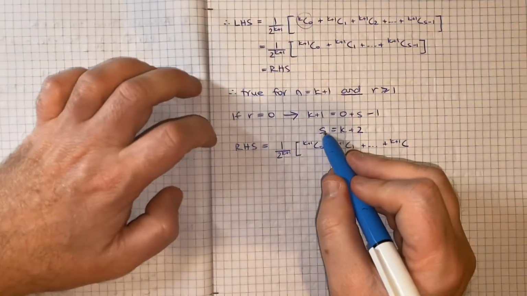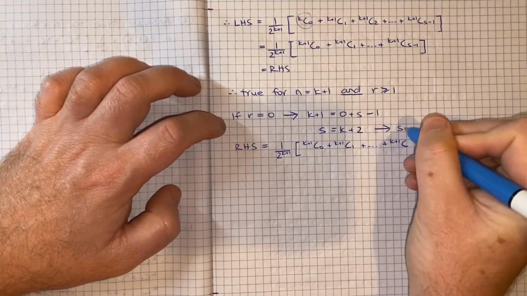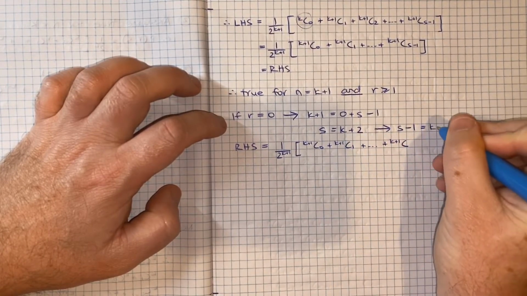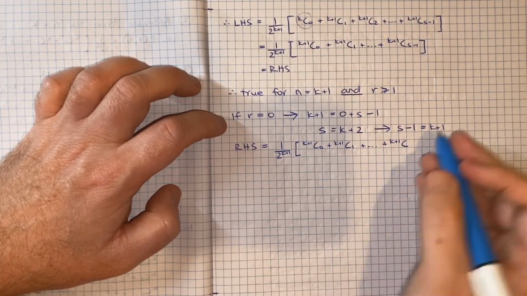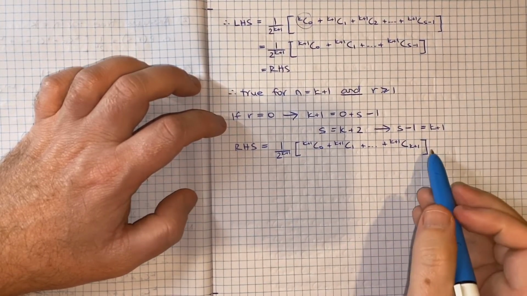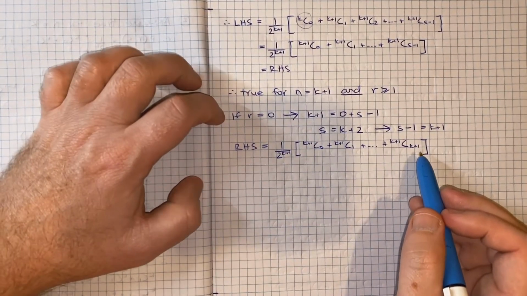It's s minus 1, and here we've got s is k plus 2, so s minus 1 would be equal to k plus 2 minus 1 or k plus 1. So this will be k plus 1 c, k plus 1. Alright, so that's the right-hand side.